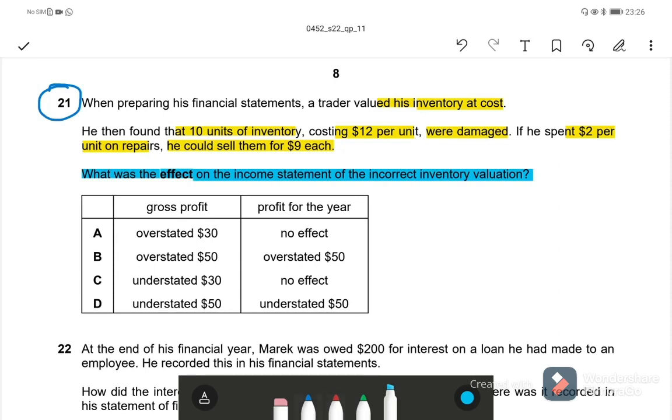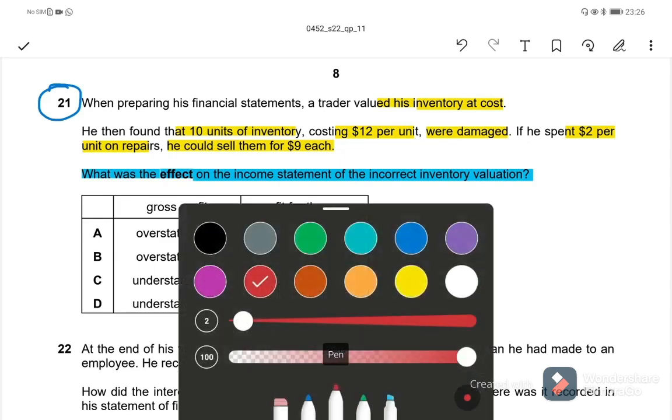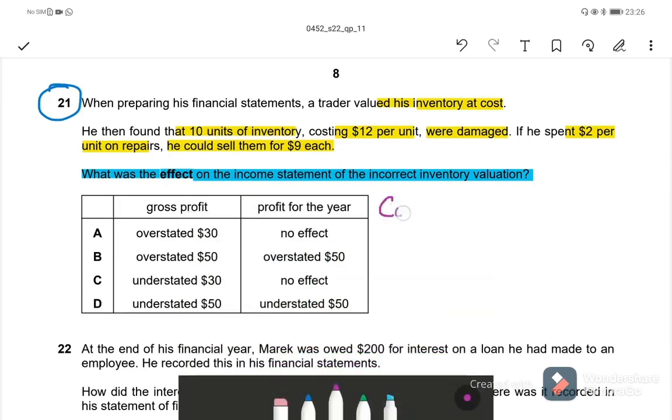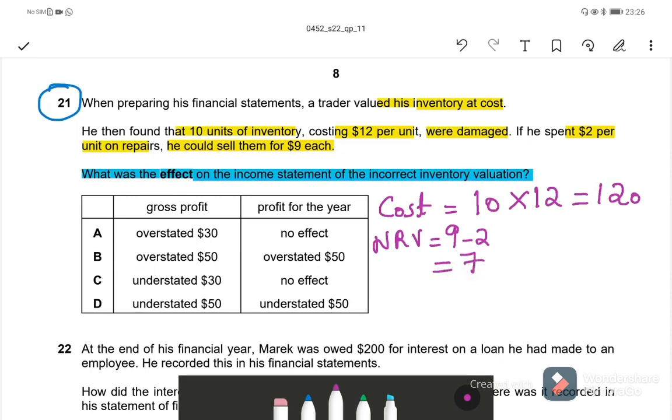So, always we should calculate the inventory at the lower of cost or net realizable value. Here, the cost is calculated as 10 multiplied by 12, 120, while net realizable value is 9 minus 2, that is 7. 7 multiplied by 10, 70.